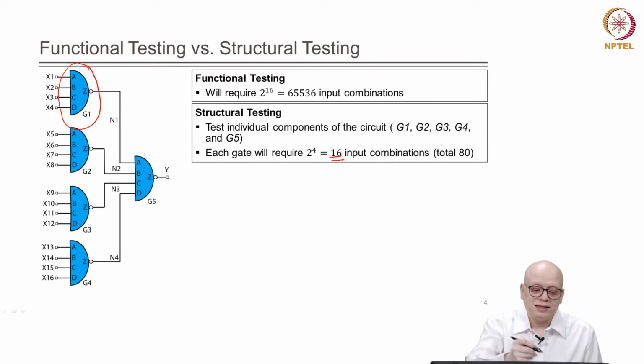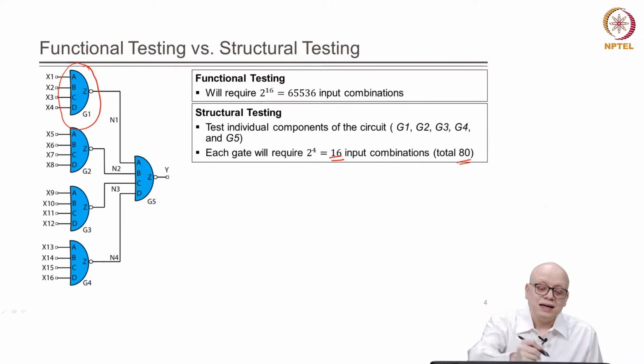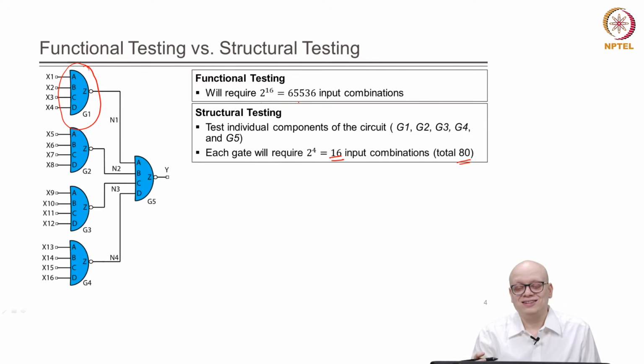And since there are 5 NAND gates, we will require 16 into 5, that is 80 test patterns to test these individual components. So, we have come down from around 65,000 to 80. There is a drastic reduction in the number of test patterns required.